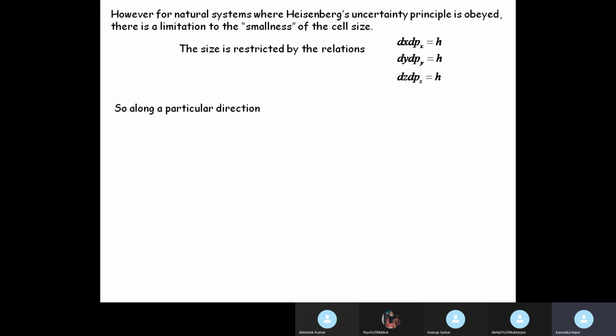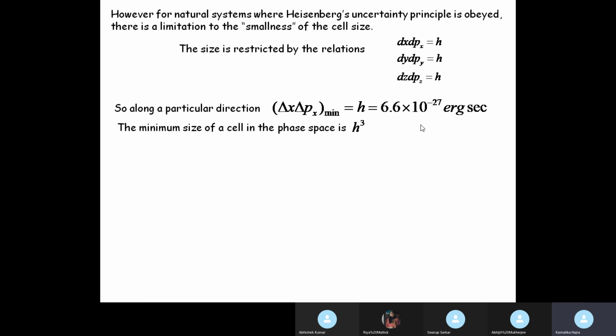Okay. So along a particular direction, the minimum value of delta x delta px is this. The minimum size of a cell in the phase space, which follows quantum mechanics, is h cube. So d tau has to be greater than or equal to h cube. It cannot be less than h cube.